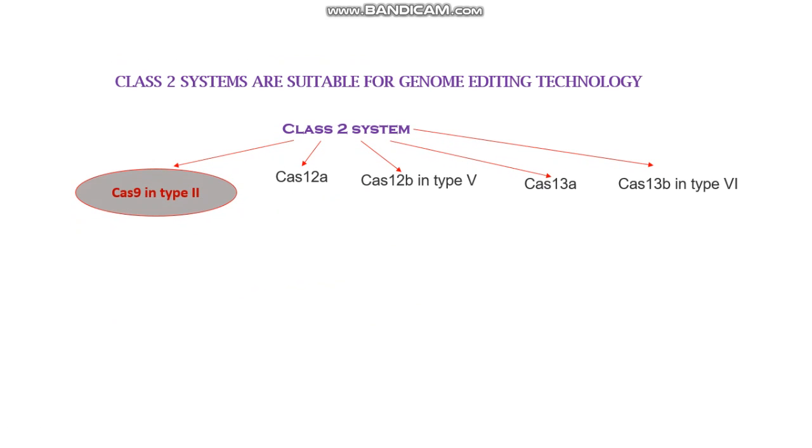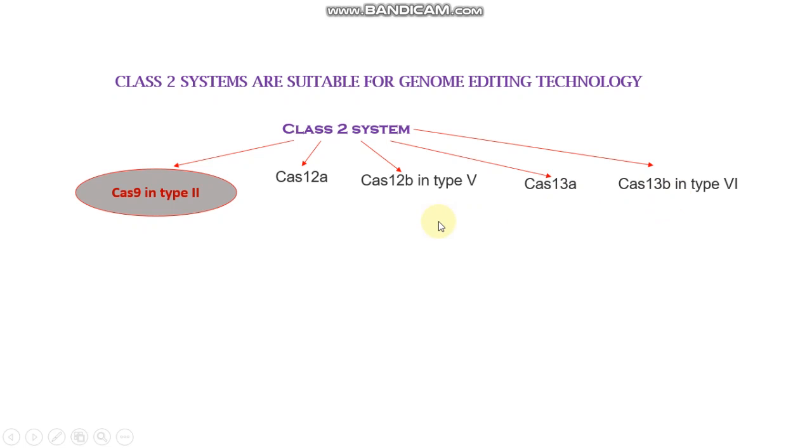So what about the class 2 systems? Class 2 contains different Cas proteins responsible for the cleavage of foreign DNA: Cas9, which is in type 2, and Cas12a, Cas12b, Cas13a and Cas13b.